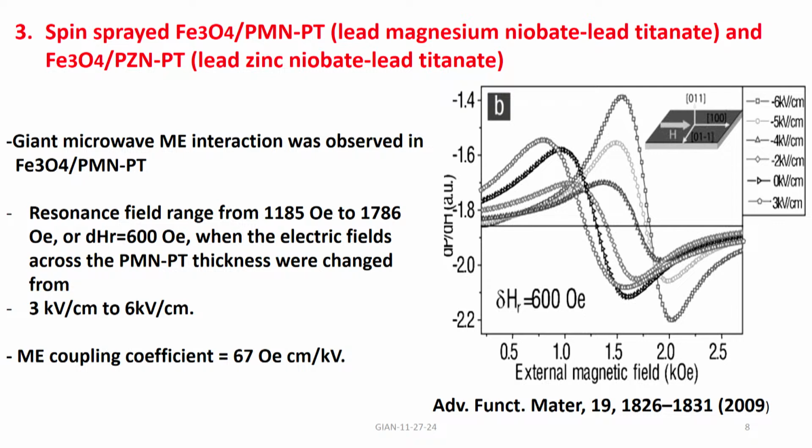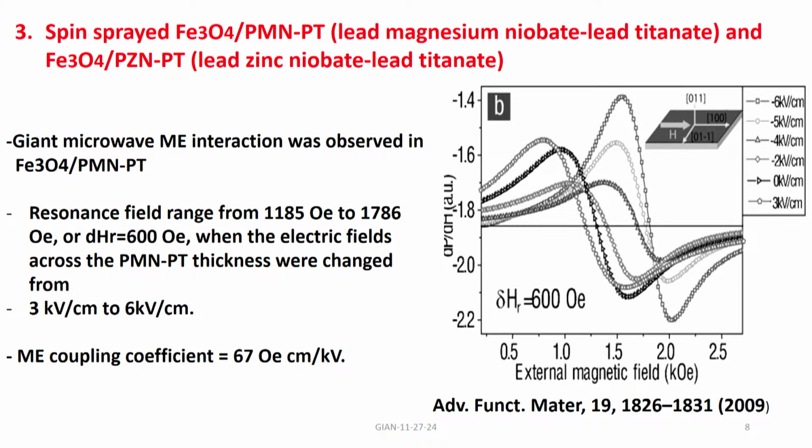It is a downshift in the ferromagnetic resonance profile. The overall change in the resonance field is about 600 Oersted, and so they came up with this number. So, the converse magnetoelectric coupling coefficient is 67 Oersted centimeter per kilovolt.